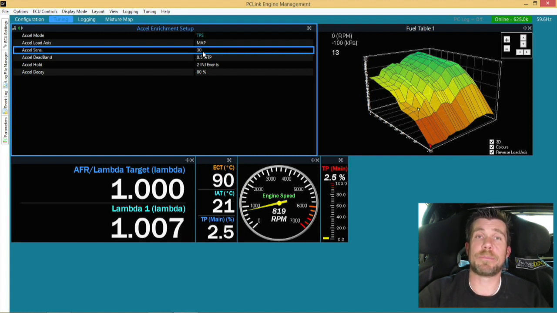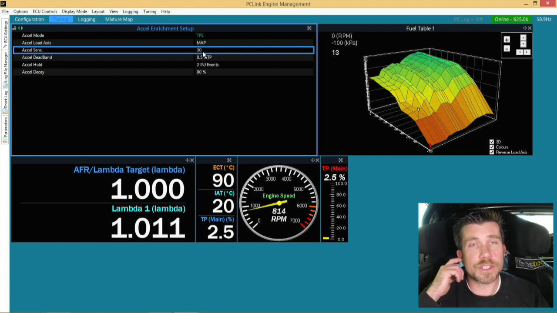So the larger this number, the more fuel will be added for a given rate of change of our throttle position sensor. Now, one thing I will note with the Link G4 and VIPEC ECUs is these values we're currently looking at are pretty close to, I believe, our default settings.